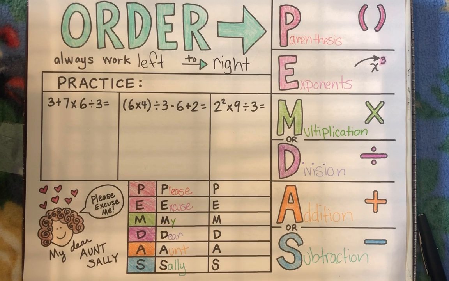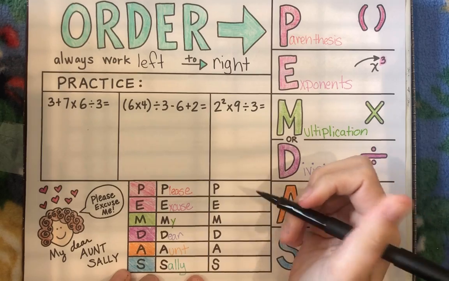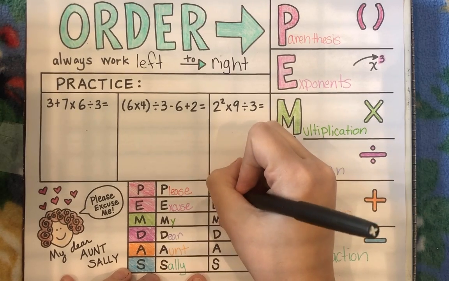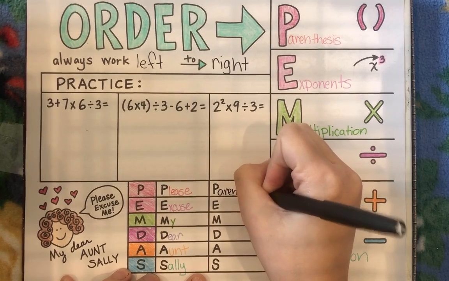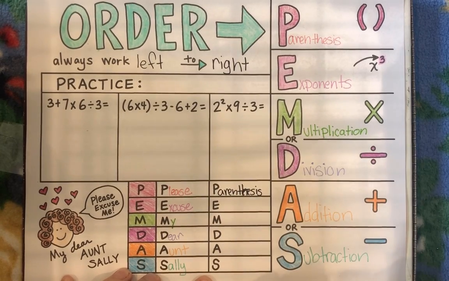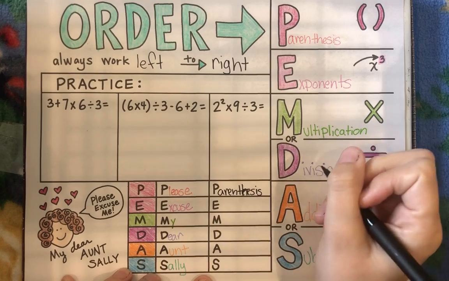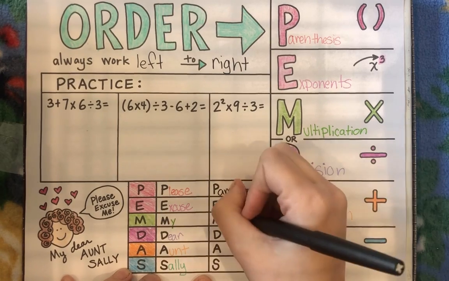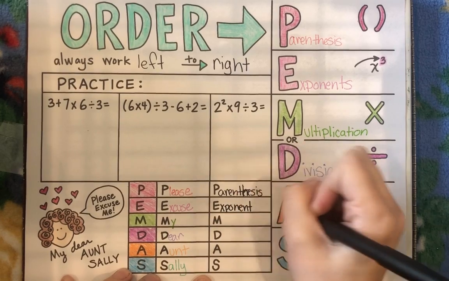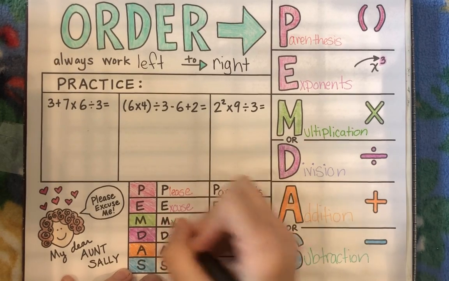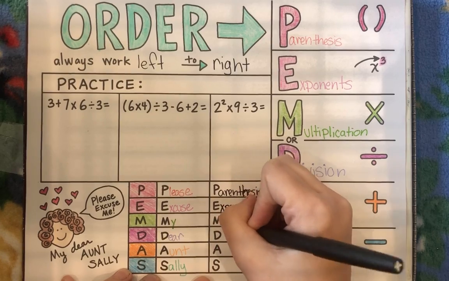Each one of these letters, or each one of these words, corresponds to one of the terms. The P in please refers to the parentheses. The E in excuse refers to the exponents. M in my refers to multiplication.